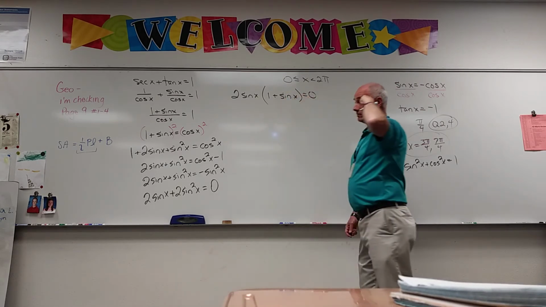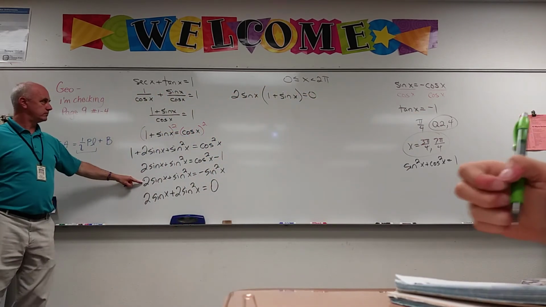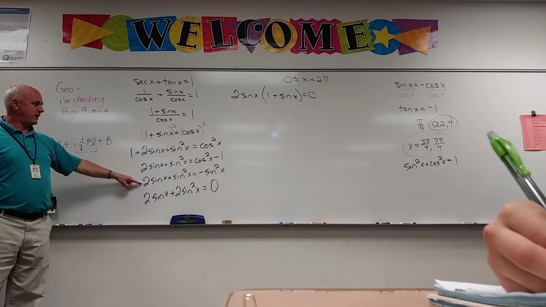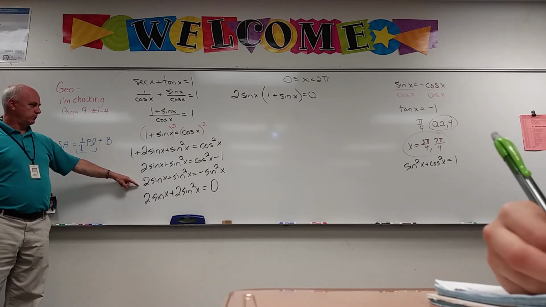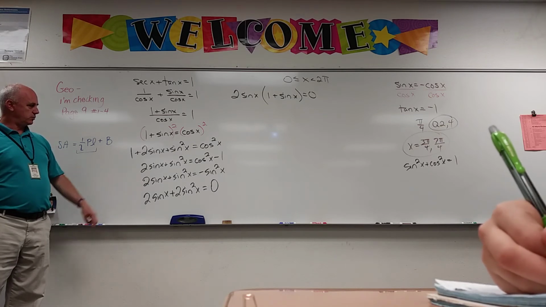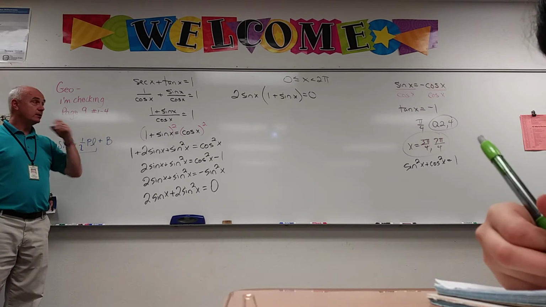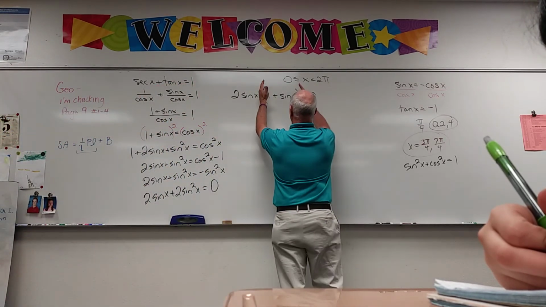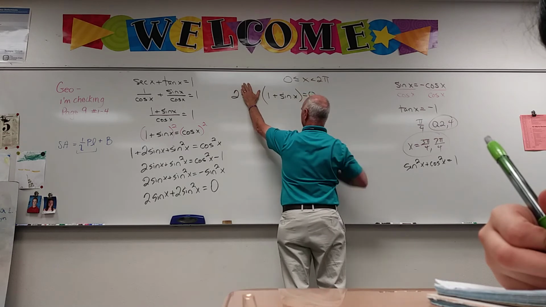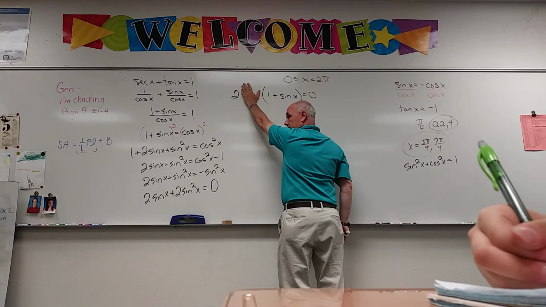Does that make sense? Now, I want to go back here for a second. If we had divided by sine of x, what we would have had was 2 plus sine of x equals sine of x. Is that a big deal? Yes. Why?